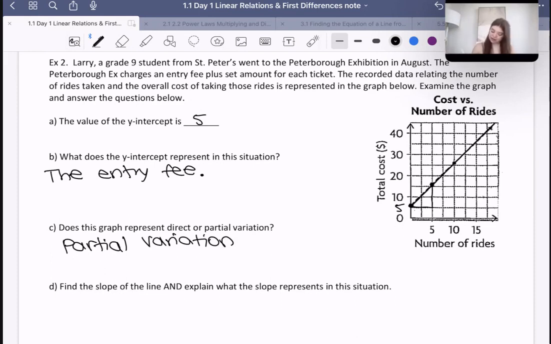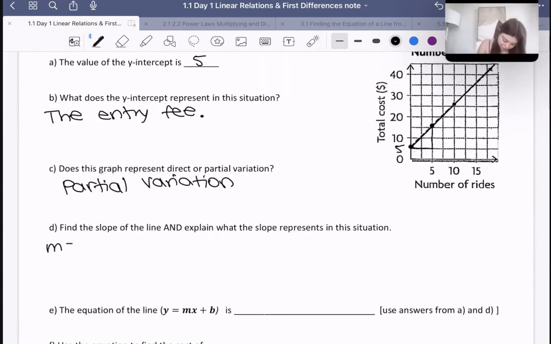That might be rise about 11 over run 5. Although if you said 10 over 5, which is 2, I would probably accept that. I'd accept a few things here because this graph is not the most clear, unfortunately.